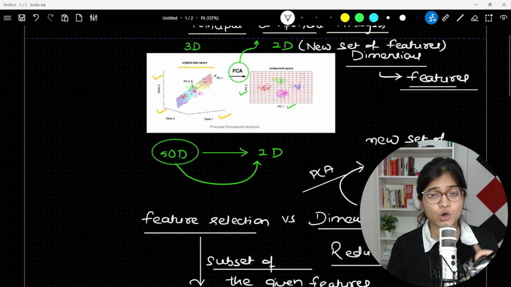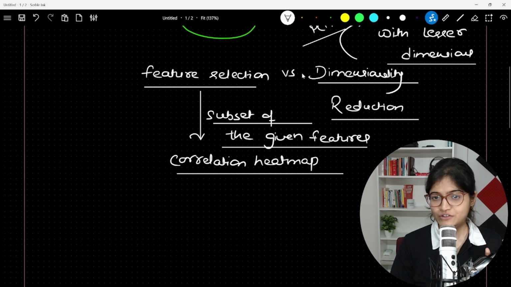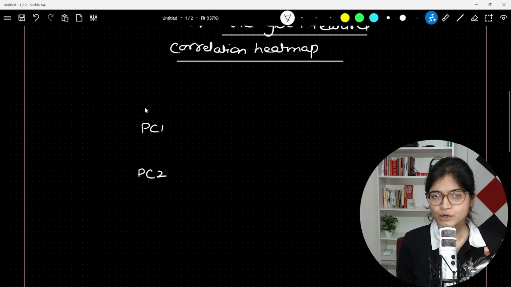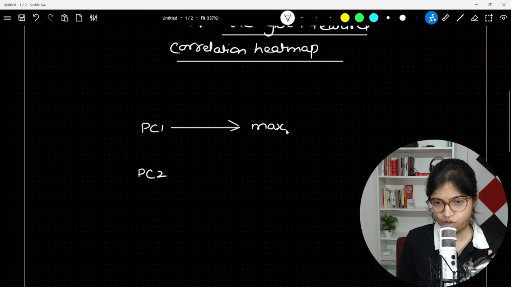Now let's move ahead and deep dive into PCA in more detail, how it is giving me the components PC1 and PC2 mentioned in the image, right? First of all, always remember when I say two components, one is PC1, another is PC2, principal component 1, principal component 2. PC1 always stores the maximum information of the original data features. It will always store the maximum information.